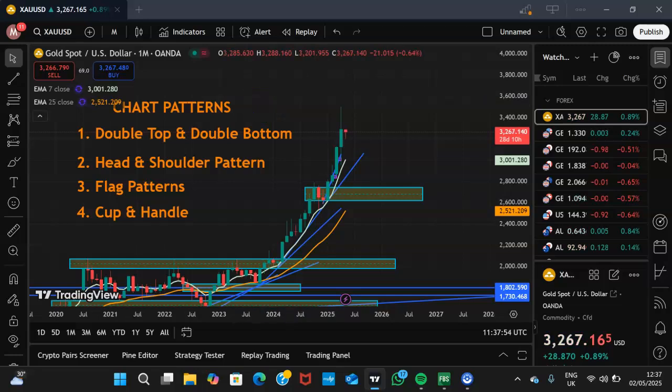Now the cup and handle is literally like this. You notice price gives you some form of curve, and then it breaks out of the handle and continues to skyrocket. So now the bearish version is literally the opposite of that.